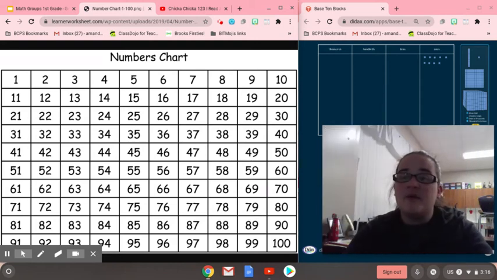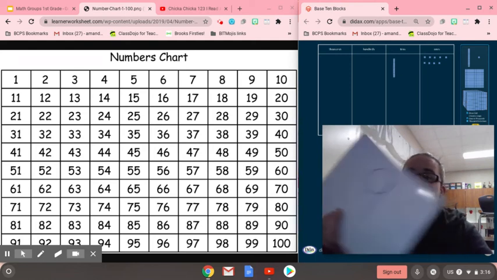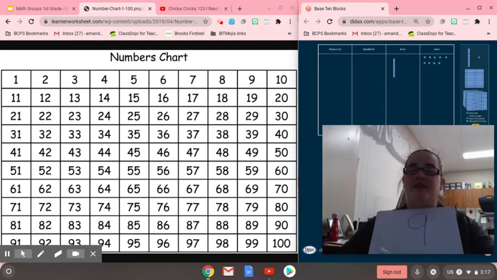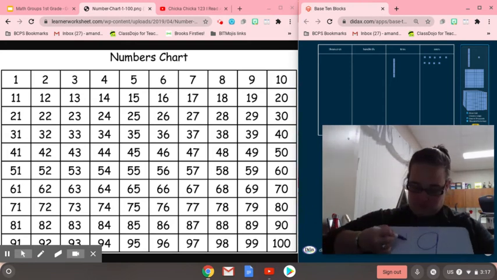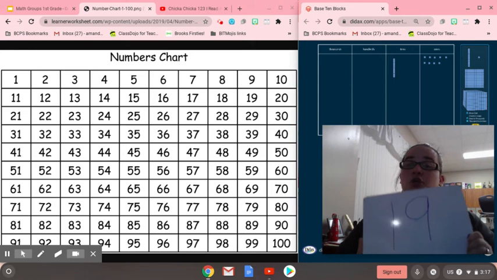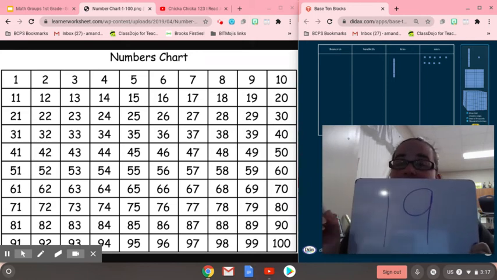But if I wanted to make the number 19, all I need to do is add 1 ten, which means just move one guy over here. And now I have not the number 9, but the number 19. Notice the blocks didn't change.